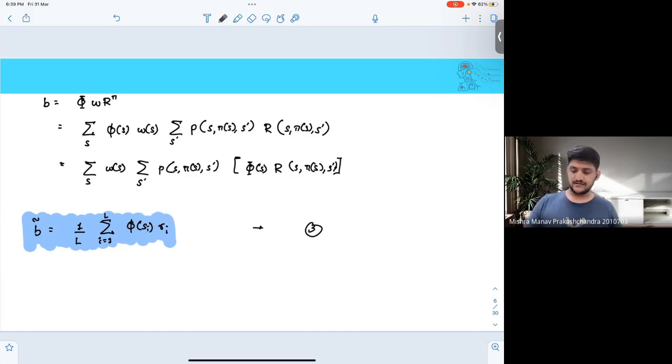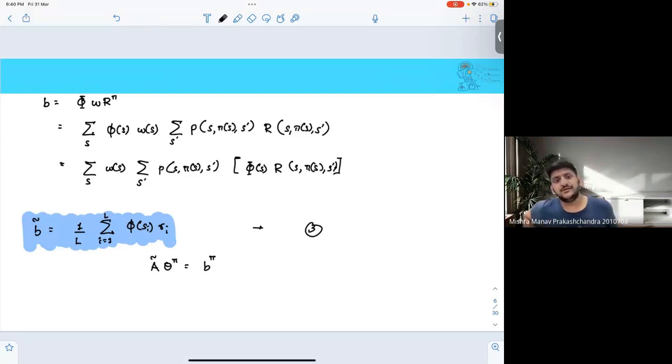Finally, what we have is my A tilde of theta phi is equal to B tilde. Now if you notice A tilde and B tilde, you will see that the 1 by L term occurs on both sides. So those get cancelled out if we substitute it in this equation.